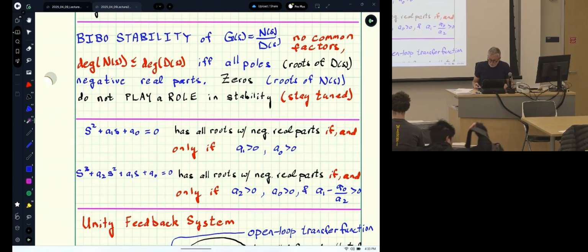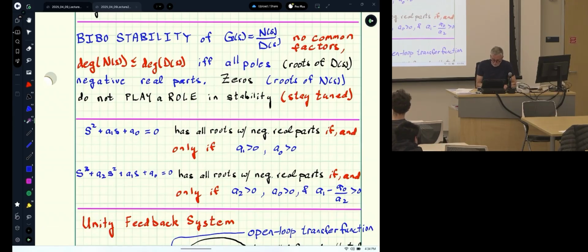Now, in certain instances, you don't have to calculate the roots. You can just look at the coefficients of the polynomials that define the denominator, and you get a simplified stability test. It's necessary and sufficient. And for a quadratic, it's all of the coefficients are positive.